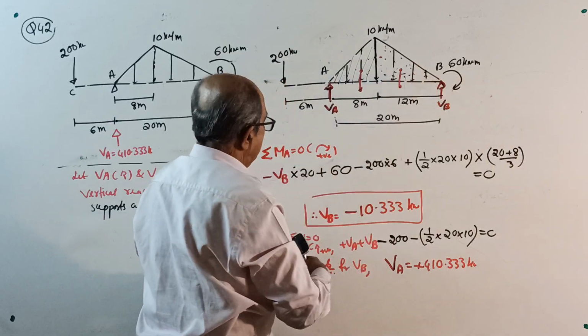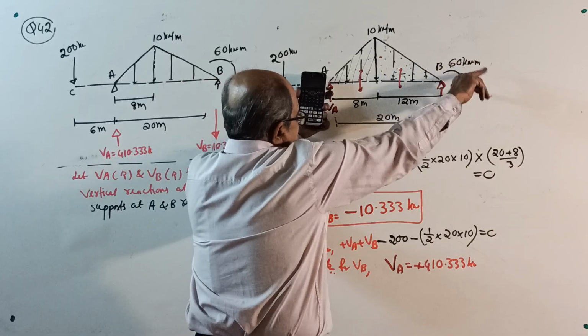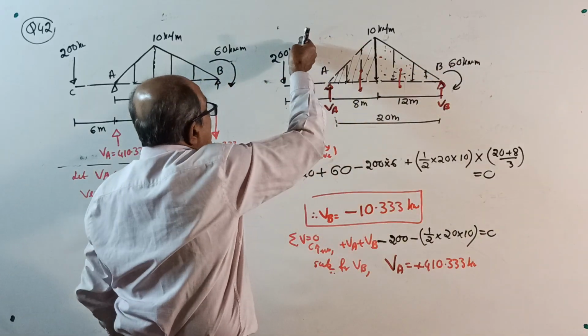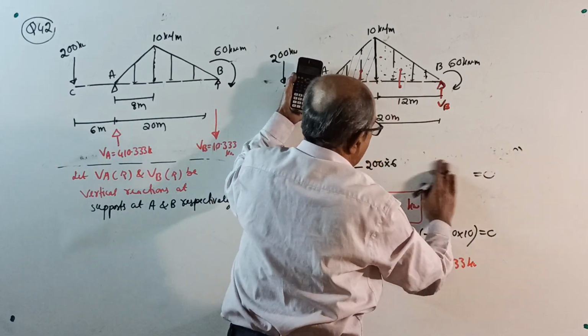Okay, now see, minus VB into 20 plus 60 will remain same, minus 200 into 6 will remain same, plus this will change. What will happen?